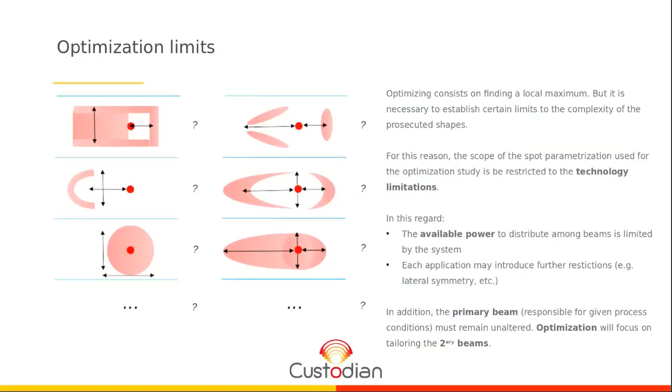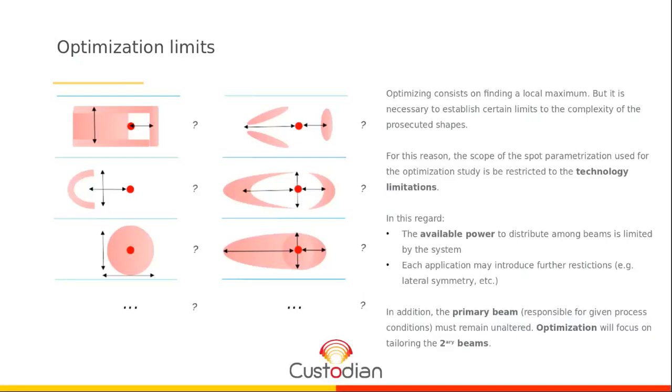Your application may induce additional restrictions like lateral symmetry or things like that. Your optics may not be able to perform whatever fancy beam shape you may think can be optimal. So we always have to keep in mind what is possible, which is our window of possible variations.